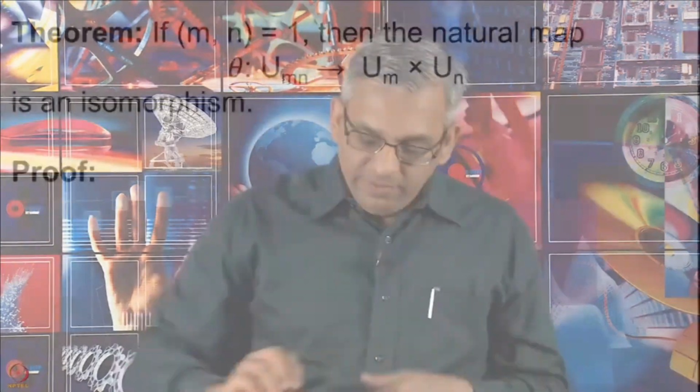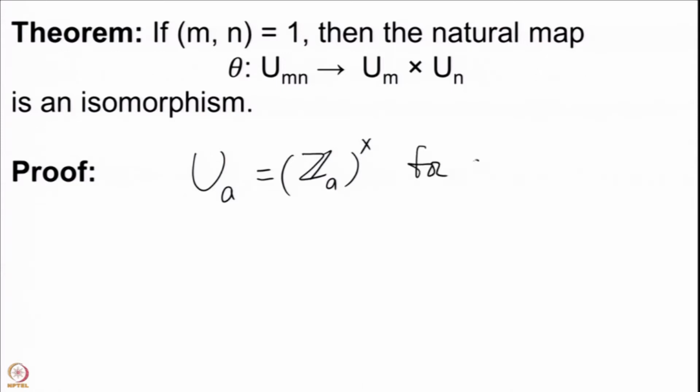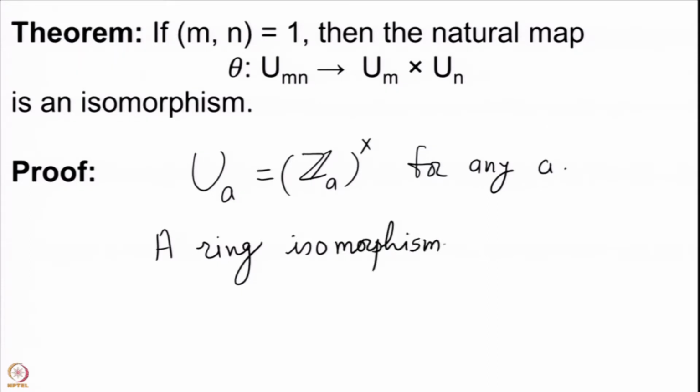So, what we have is that U_a is basically the group of units in Z_a for any natural number a, and a ring isomorphism preserves units.